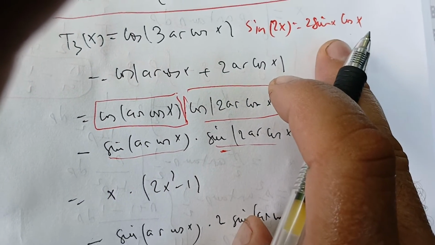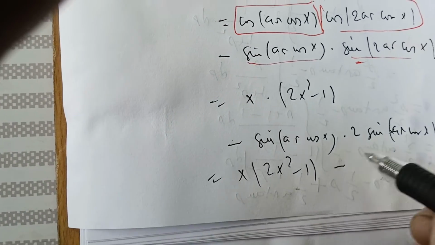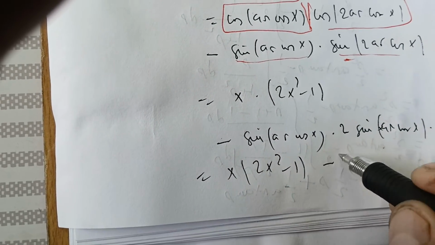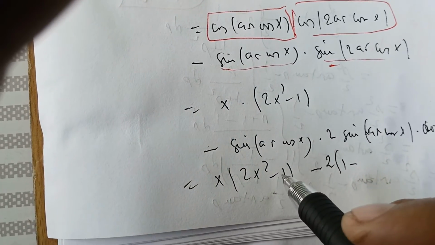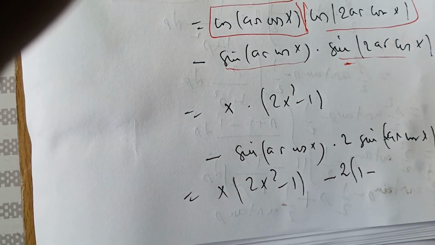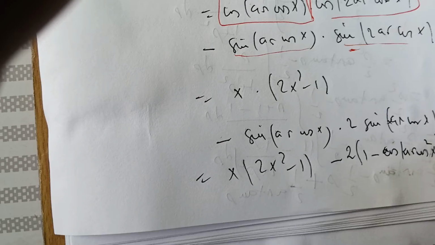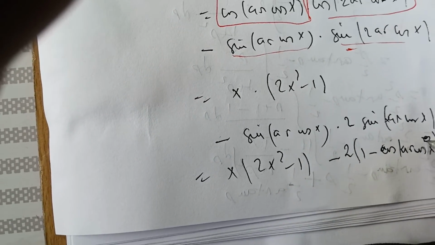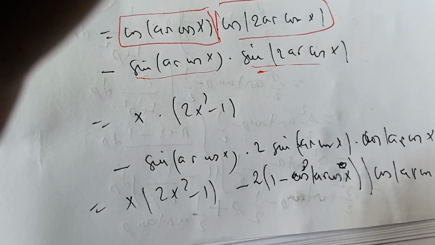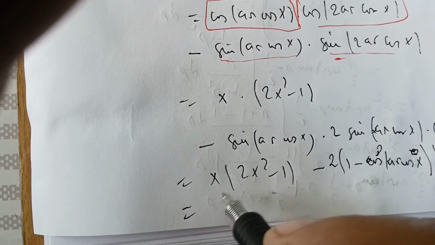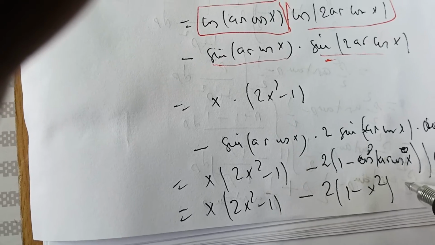So I get x times 2x squared minus 1 minus 2 sine squared, and sine squared is 1 minus cosine squared of the arc cosine. Let's do it again: the cosine of the arc cosine of x is x. And I get x times 2x squared minus 1 minus 2 times 1 minus x squared times x.